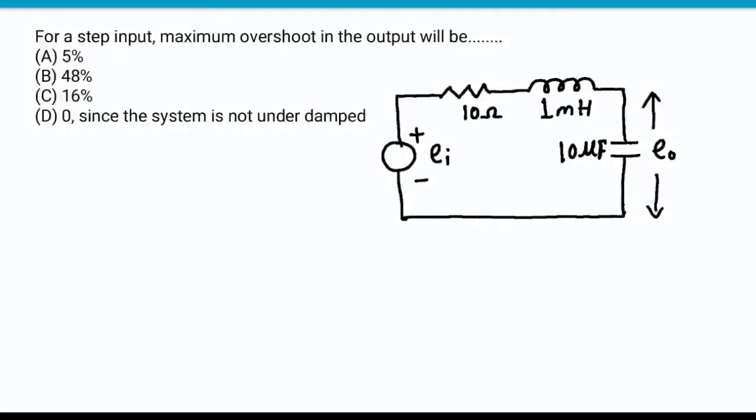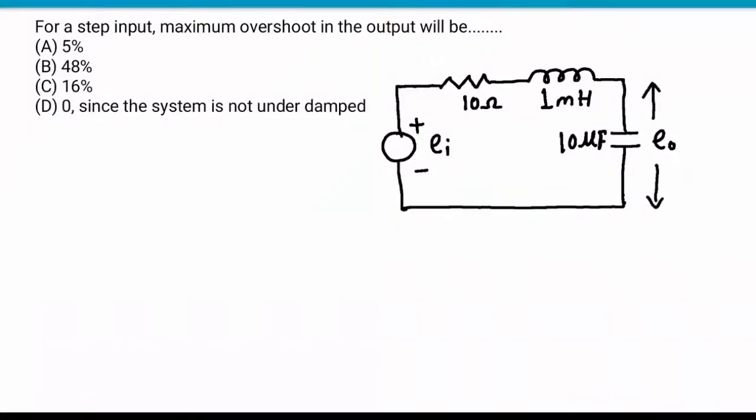capacitor. So output voltage can be given in terms of Laplace transform like this, Is into Xs, and Xs is the reactance. In case of Laplace transform, that will be 1 by Cs.